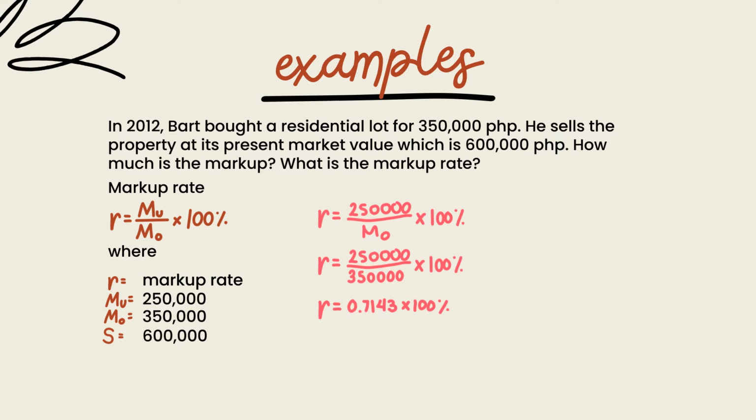So yan, medyo marami pa rin siyang kasunod, pero in my case, I put the final answer in 4 decimal points. So you have times 100% so that kapag minultiply siya ng percent, magiging 2 decimal points na lang. So our answer would be 71.43%. So the markup rate is 71.43%.